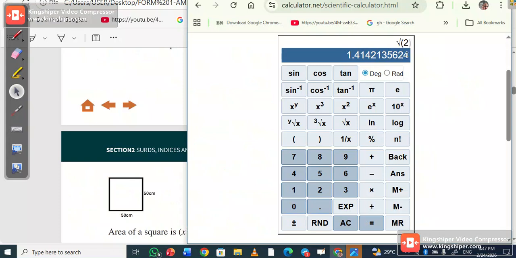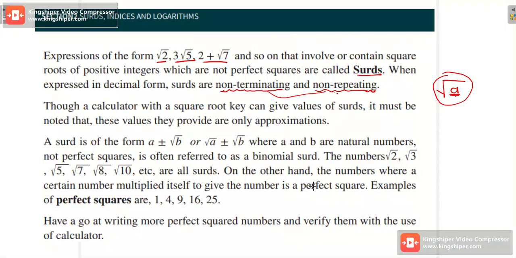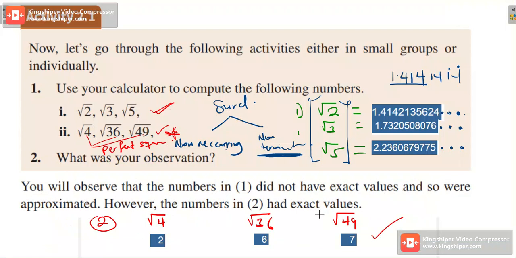This value is just an approximation because in actual sense, the value is non-terminating, in the sense that it continues forever. So when you come back here, you saw that in our root of 2, we use the 3 dots to indicate that the value continues. All these values are non-terminating.